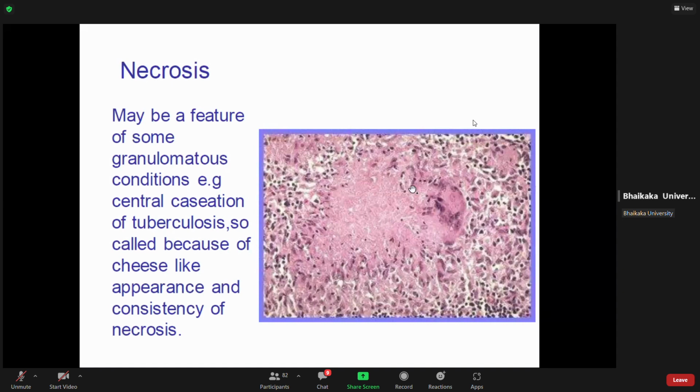It is called caseation because of the cheese-like appearance and consistency of the necrosis. I told you earlier that on gross examination, caseation necrosis is very evident. The necrotic tissue is known as cheese-like because of its color and consistency. Consistency is very soft and color is yellowish white, just like cheese material.